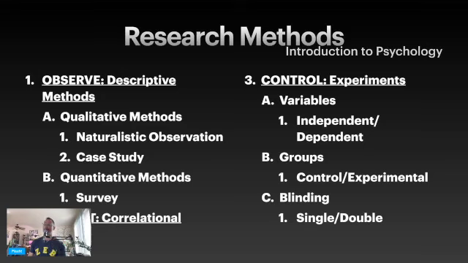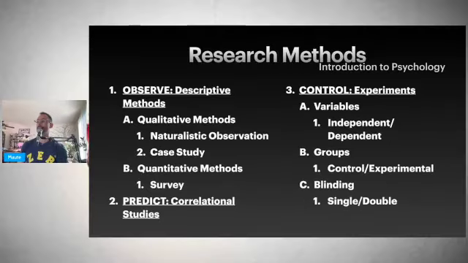And another way of breaking that down, or more appropriately, the way it's going to be broken down for this class, is we're going to think about research methods as falling into one of three buckets. Not that these buckets are exclusive, but for the purpose of teaching this topic, we'll pretend they are for a little bit.